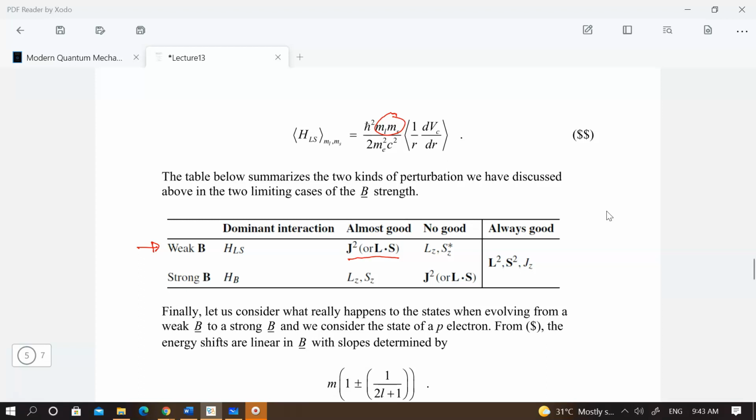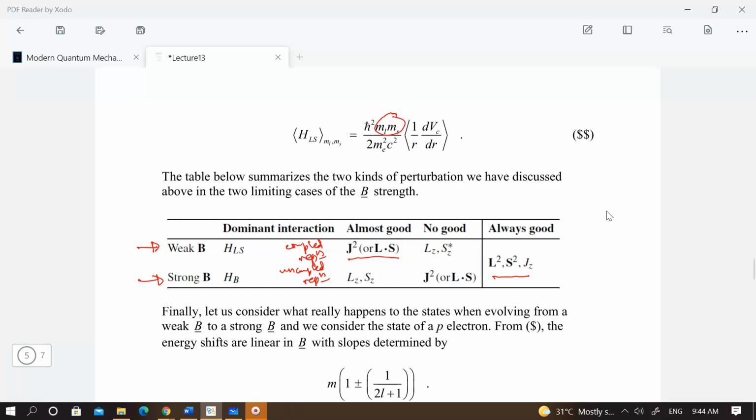So for that J squared, you use the coupled representation for the first case, and then for the second case, the strong magnetic field, use the uncoupled representation.